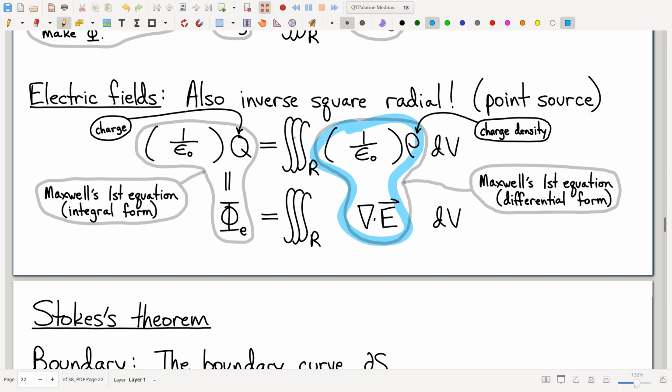And this is called Maxwell's first equation. So those of you who've taken E&M classes probably recall Maxwell's equations. And this is one of them. This is the differential form of one of them. And by the way, this right here in the first place is the other form of the same equation. So this is also called Maxwell's first equation.